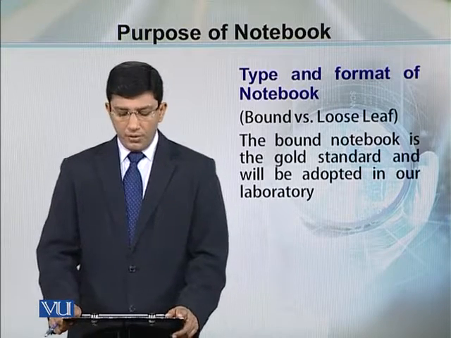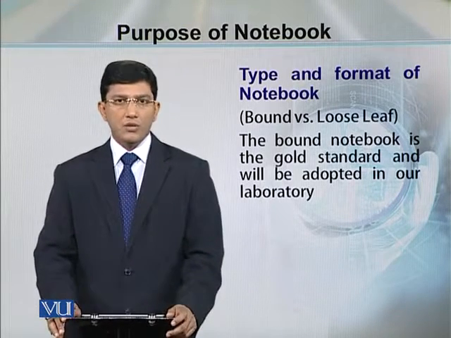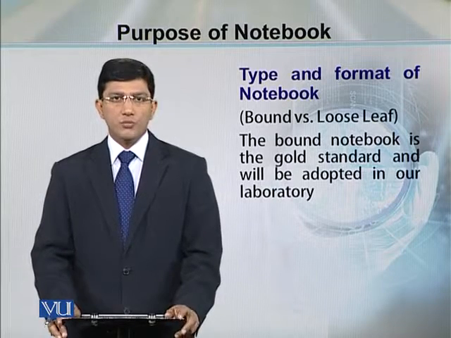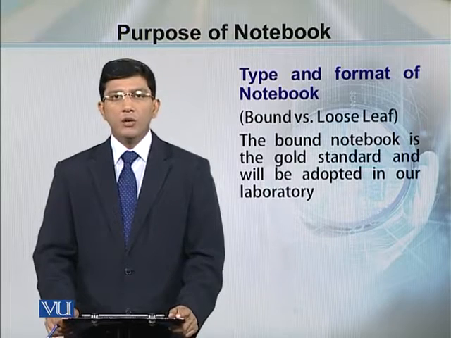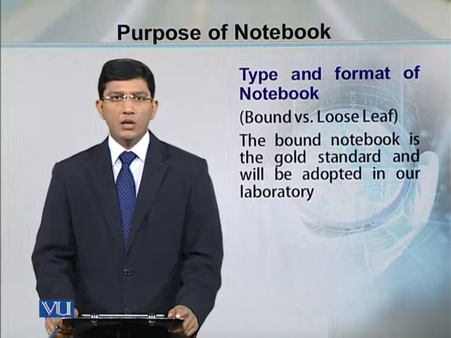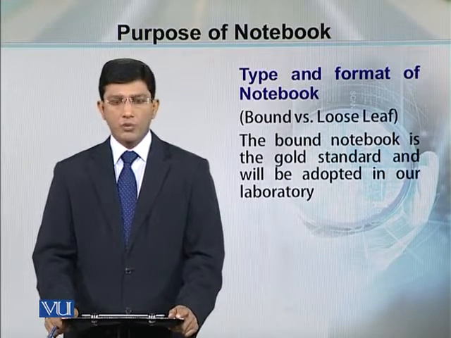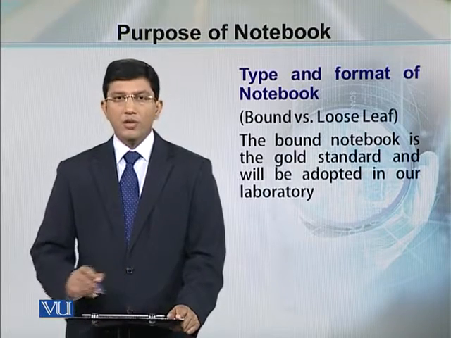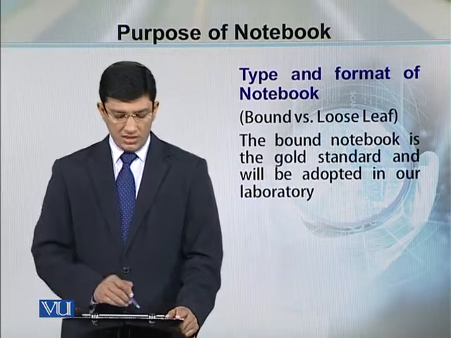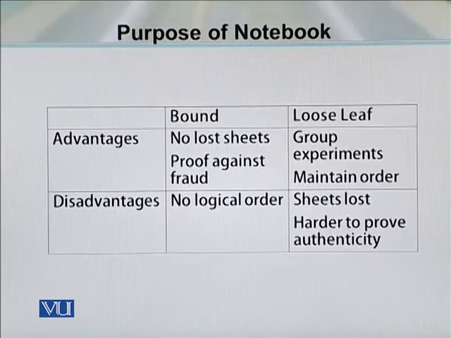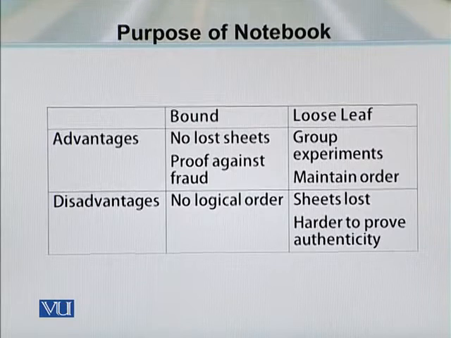What type or format of notebook should one use? Normally we deal with two types of notebooks. One is in the loose sheet form, which is ring binding, and the second one is in the permanent bound form. The permanent bound form is the gold standard notebook to maintain the records because it has some advantages over the loose sheet notebook.